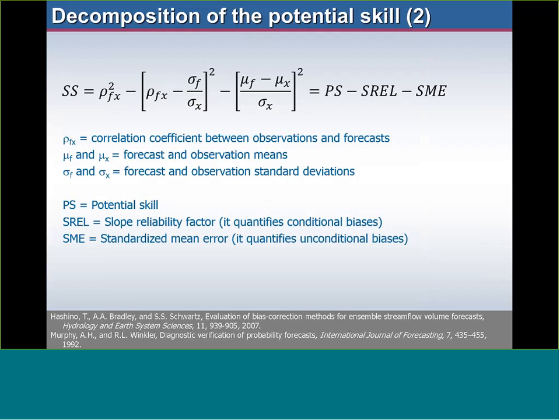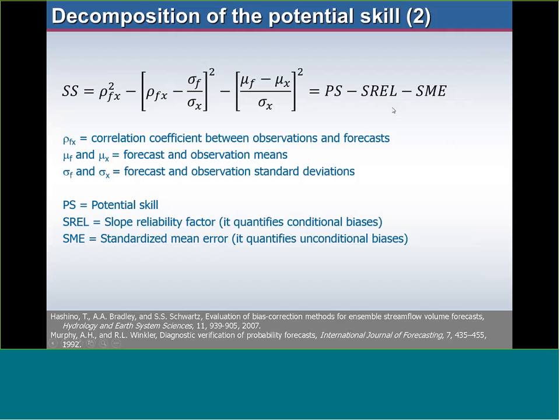So what we have done is we have used formulations that allow us to decompose the skill, and I'll refer to this as actual skill, or SS, or score skill, into three components. One is the PS, the potential skill, which is the coefficient of determination between the observations and forecast. What we do, though, is that we penalize the coefficient of determination for unconditional and conditional biases.